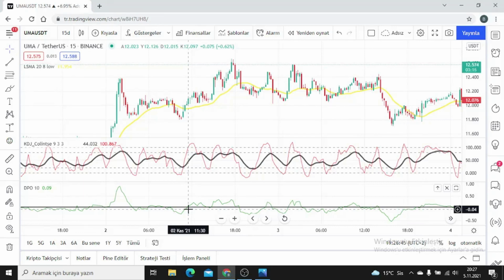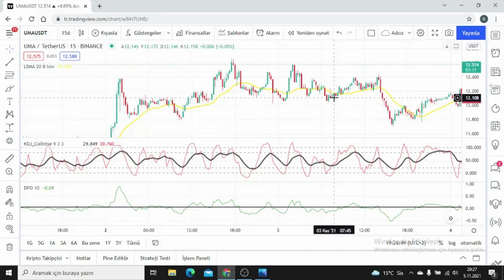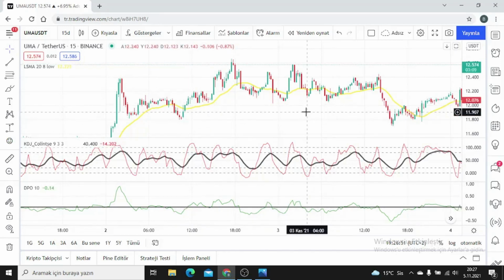Graphics are generally the same in cryptocurrencies, but in the Forex market, for example, not all graphs of stocks are the same in Istanbul Stock Exchange, that is, BIST 100. That's why you need to constantly strategize. That's why I'm telling you these things. Don't depend on a single oscillator, on a fixed indicator. Look as broadly as possible.